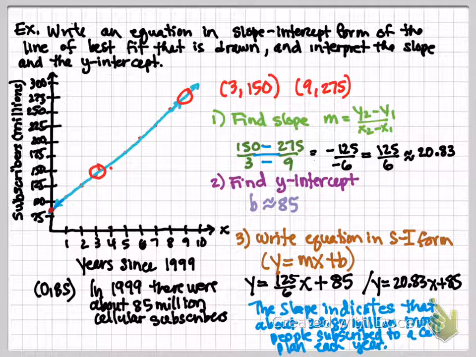So the slope is telling us what's happening from year to year, and the y-intercept is what we started with in the beginning time. So 1999 is 0, because 1 means 1 year since 1999. So that 1 represents the year 2000. The 2 represents the year 2001.